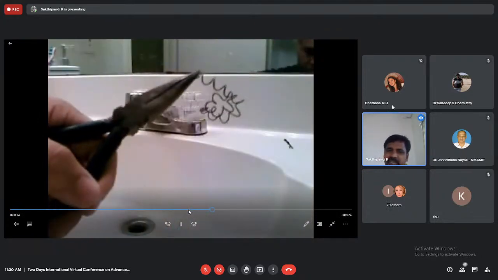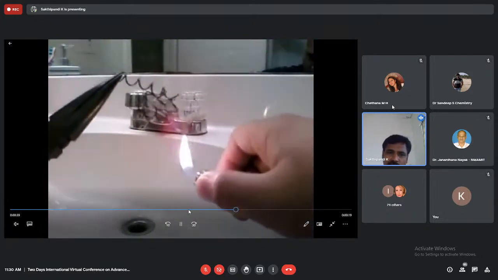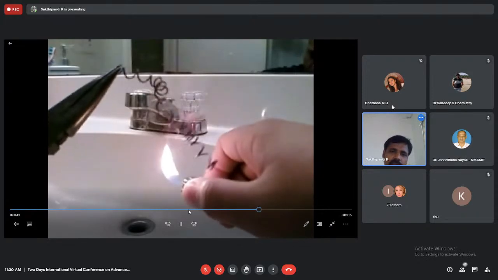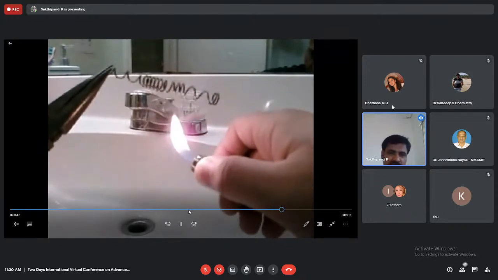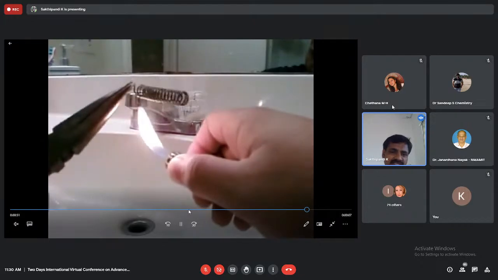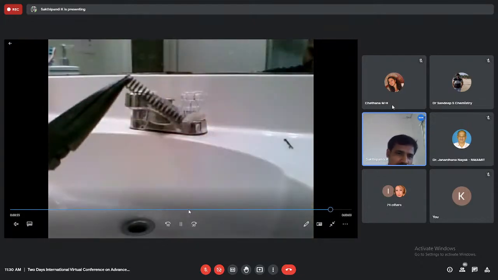So this kind of material will regain its original shape by applying a small amount of heat. So aerospace applications depend upon this kind of alloys nowadays. This is called shape memory alloy. They can regain their shape.